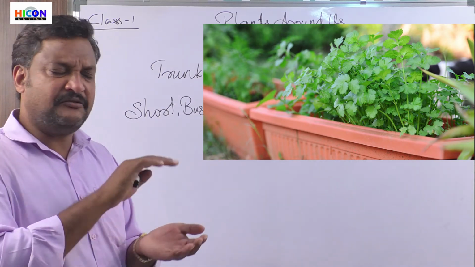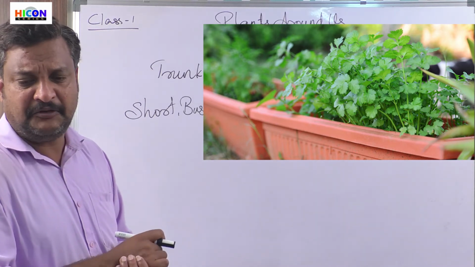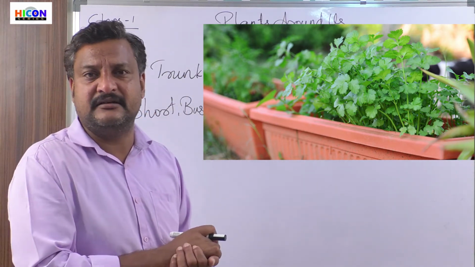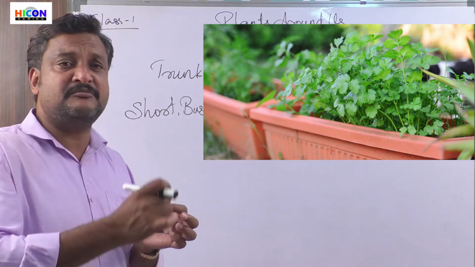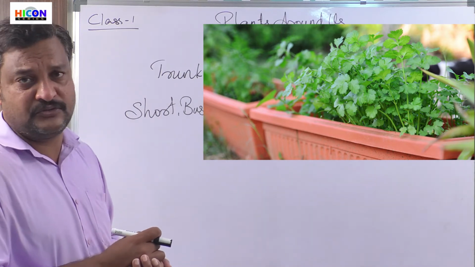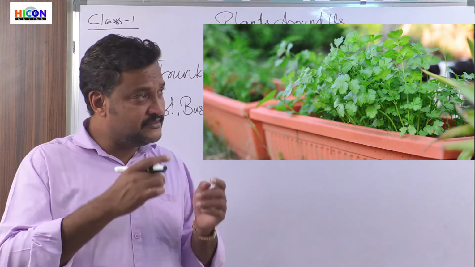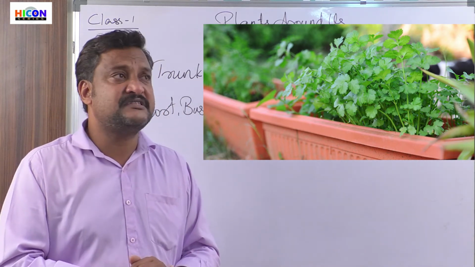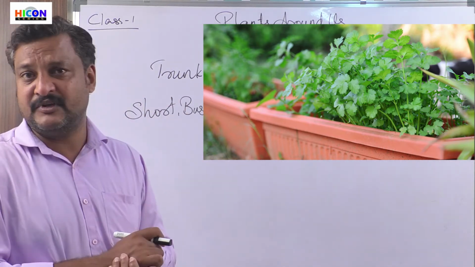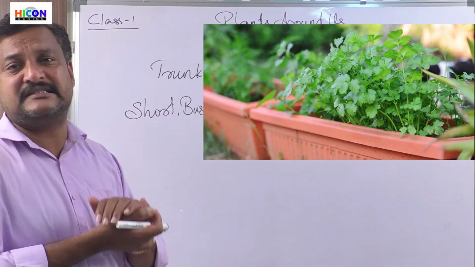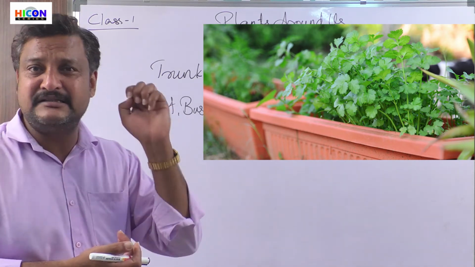Do they have any stem? A very soft stem is there, isn't it? They are still in green color. They won't even change the color. The thin stems of a rose plant or a shoe flower plant have a brownish stem, isn't it? But as far as these are concerned, they still have a green stem. So it means a very soft stem. See, they are very small in size, very soft and tender, and they have green stems.